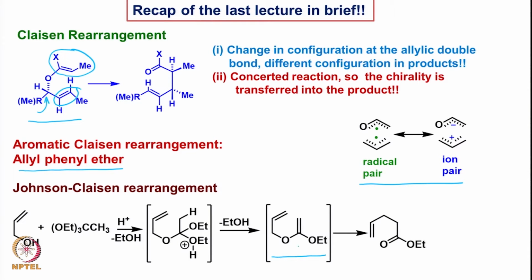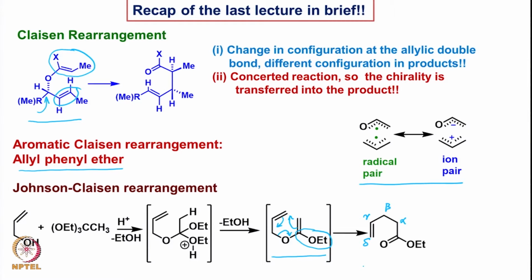This intermediate has all the elements of the Claisen rearrangement except that we have an extra O-ethyl group here, and that is exactly what allows the reaction to occur and form the alpha, beta, gamma, delta, so gamma, delta unsaturated ester. So if we start with allyl alcohol and perform the Johnson-Claisen rearrangement, we get the gamma, delta unsaturated ester, and we also took some examples of its application in organic synthesis.